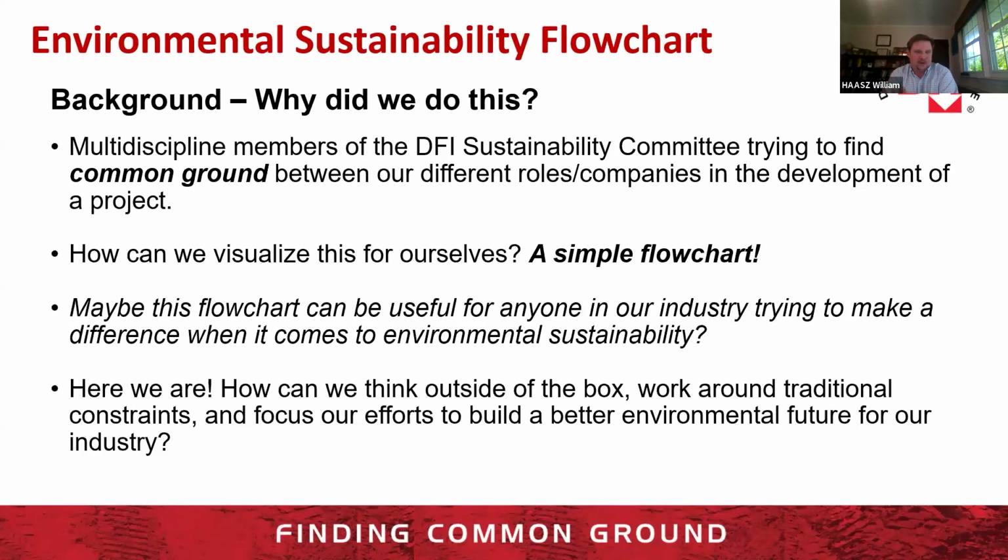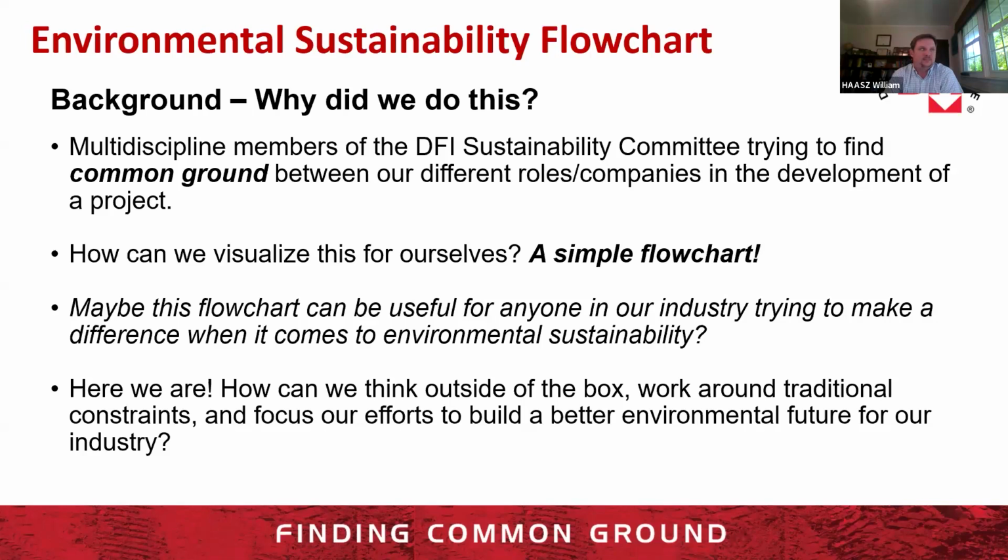And the idea was maybe this could be useful for anyone in our industry that's trying to make a difference when it comes to reducing carbon impact and improving our environmental sustainability. So that's pretty much the background. That's where we're at now.